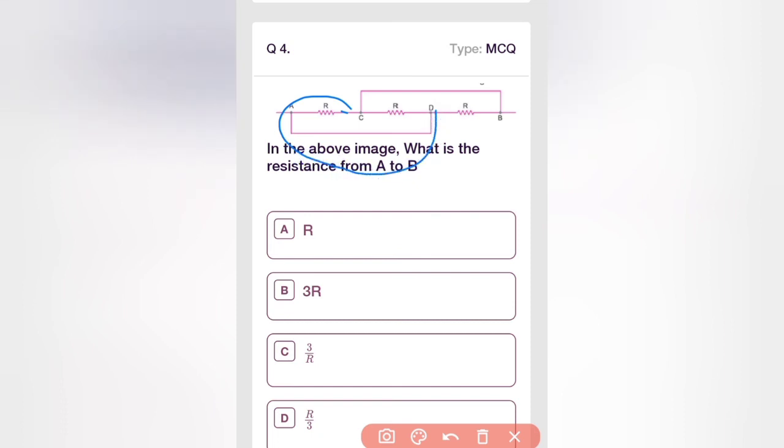That means point A and D are one and the same point, so I can bring it over here. So C and D is like this, and this A point and D point I bring over here.